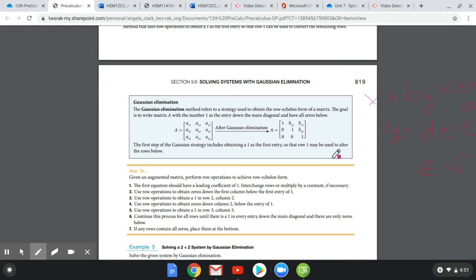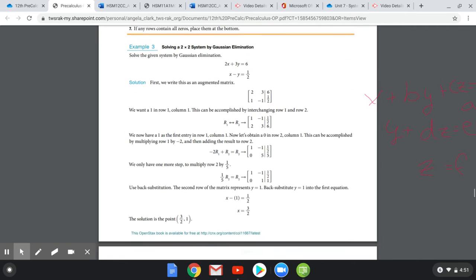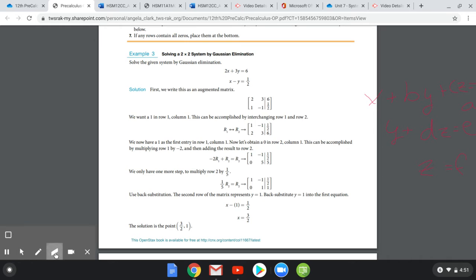All right, so let's look at an example with a 2x2 system.